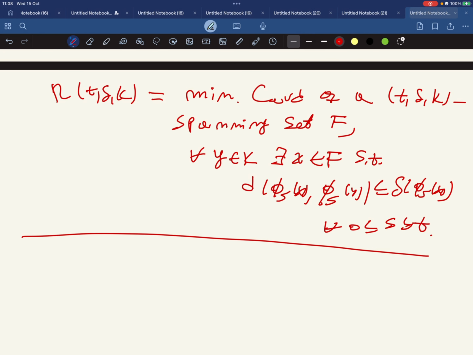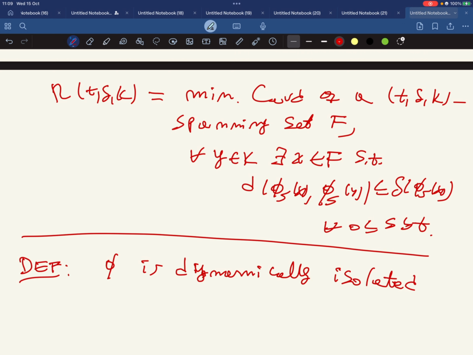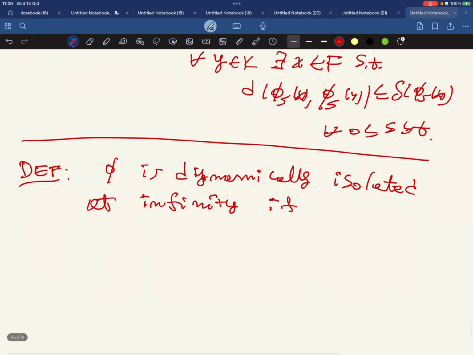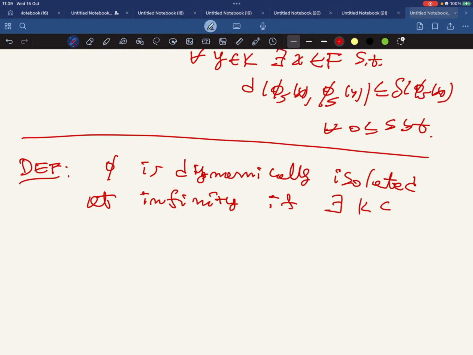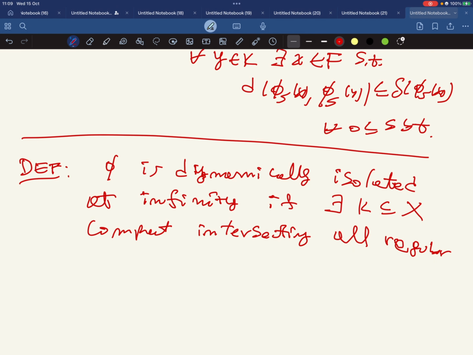And now, to state the last theorem, we use the following definition, which is very natural. We say phi is dynamically isolated at infinity if there is a compact set K intersecting all regular orbits of phi.